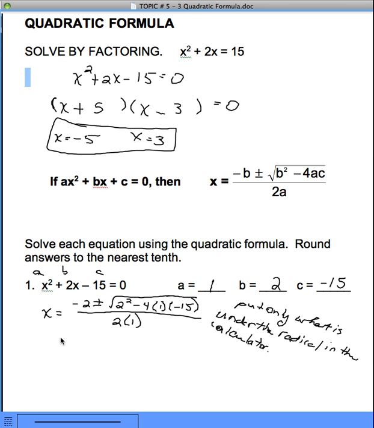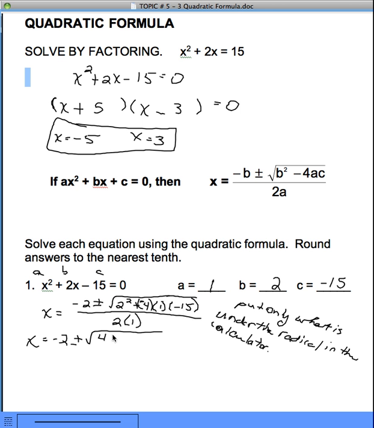So here we have, let's simplify, x equals negative 2 plus or minus the square root of 4 plus 15 times... if it confuses you with this minus, think of this as plus and negative. And so we have negative 4 times negative 15 is 60.